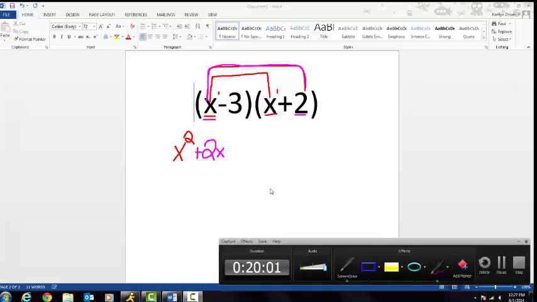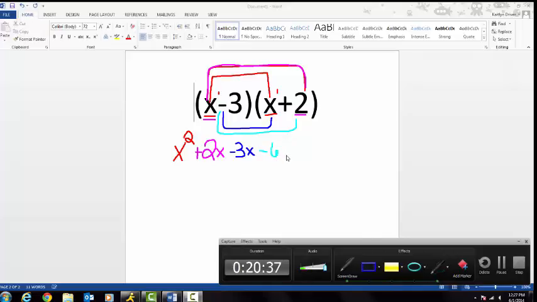Now we're going to start and we're going to do our -3 to our x and the -3 to the 2. Okay? So -3 times x is -3x. Now with our cyan, we have -3 times 2, which is going to be -6.